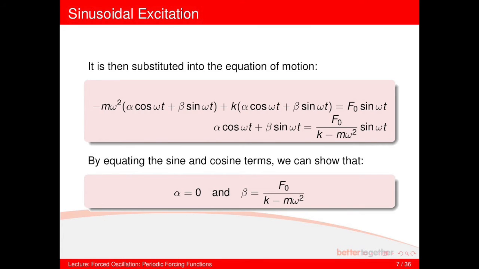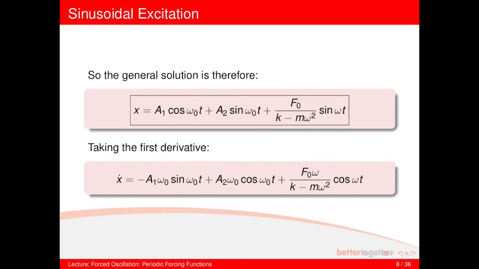So it's quite clear that beta is f naught divided by k minus m omega squared, and alpha is 0. So the general solution gives us this. Remember our xpi was alpha cosine omega t plus beta sine omega t. So beta had a term and alpha has 0. So that's our xpi. There's our general solution.